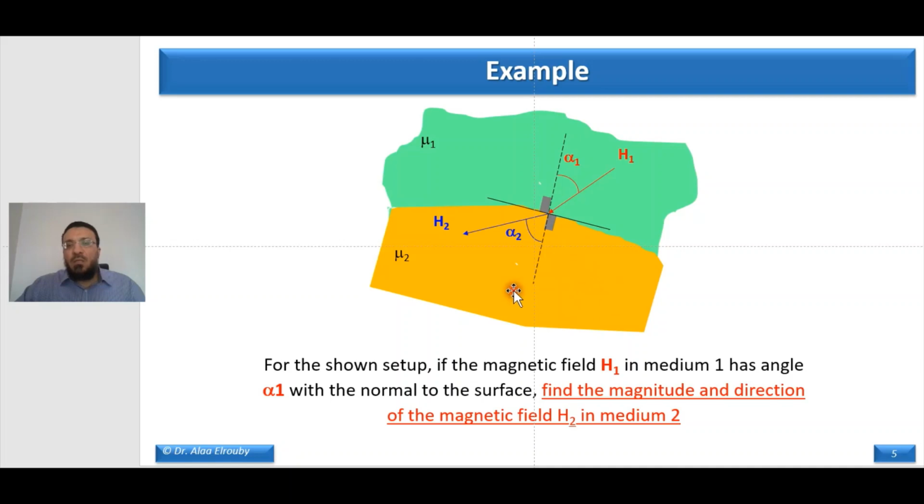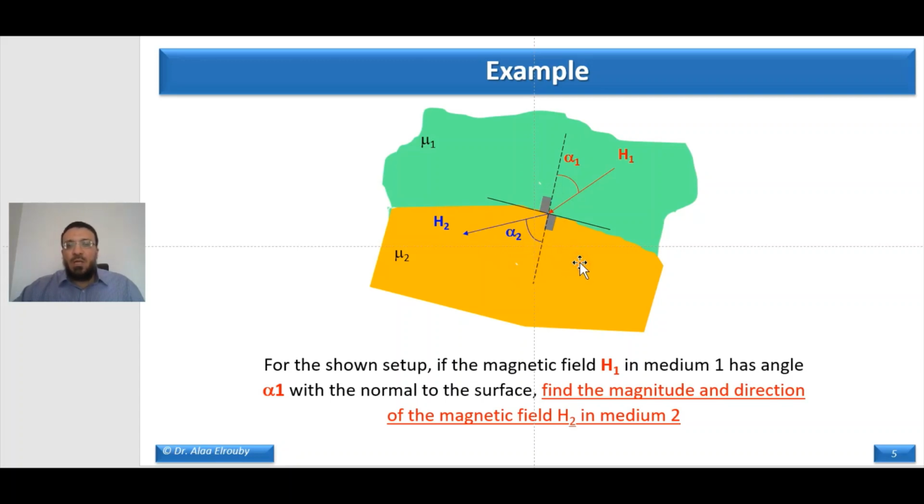What is required is to find the magnetic field H2 in medium 2, magnitude and direction, which means we need to find the value of H2, the magnitude, and its direction, or the angle alpha 2 that the field in medium 2 is making with the normal to the interface.